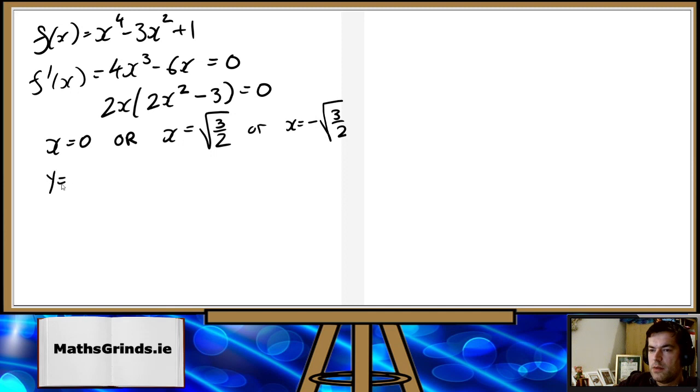That would mean that y is 1, or y is, let's see, 3 over 2, let's do a bit of rough work on the side here. 3 over 2 squared, 9 over 4 minus 9 over 4, oh, that's 1 as well.